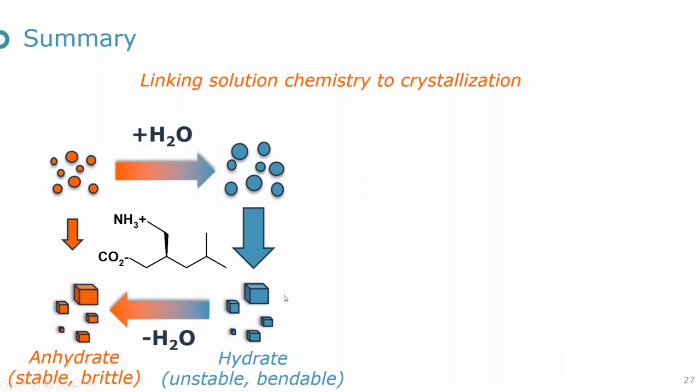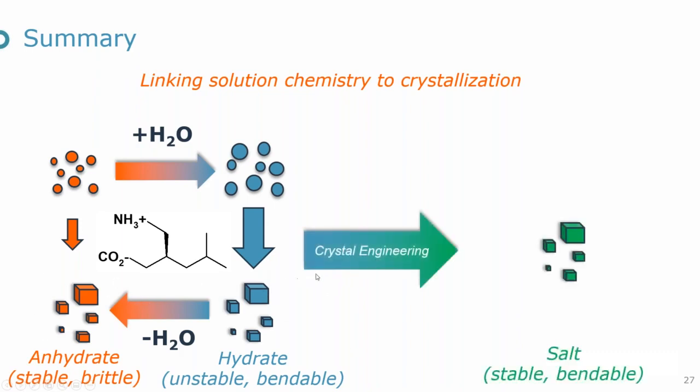But it had many good properties, including a bendable nature. And since at some point we figured out the mechanism of this transition, we were able to crystal engineer it into a salt which is stable at room temperature and also has the good physical properties of the hydrate.